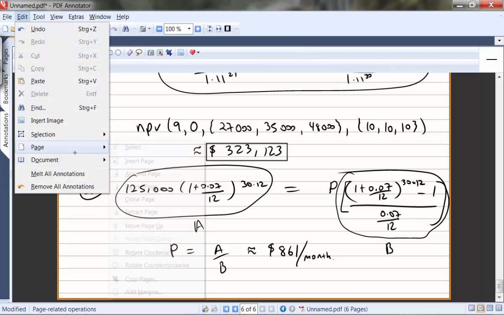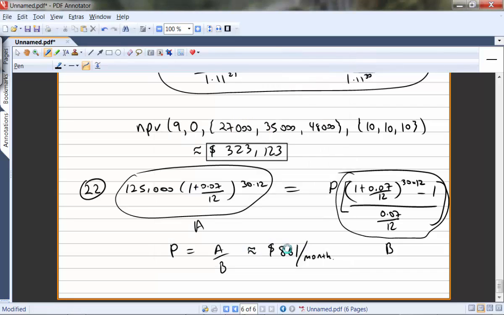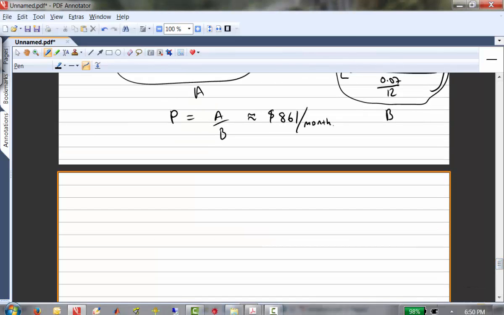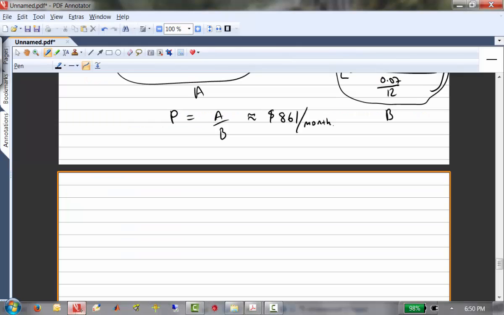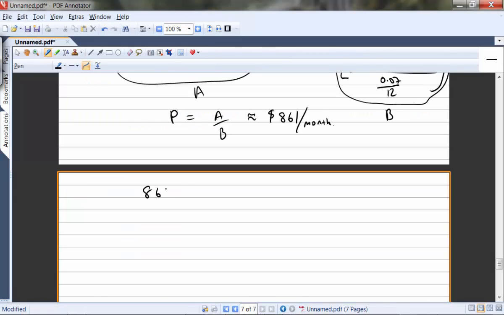But that wasn't the question. The question was, what total dollar amount of their mortgage payments during the first 3 years will go towards repayment of principal? Well, if they're paying $861 a month, we're not going to answer it right here, but I'm just going to do a little calculation.